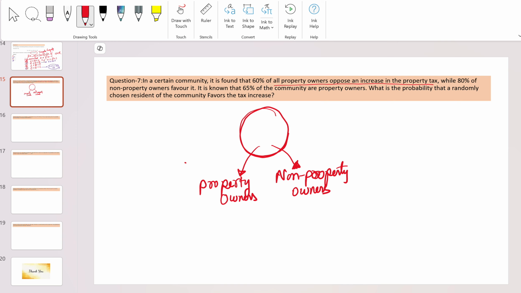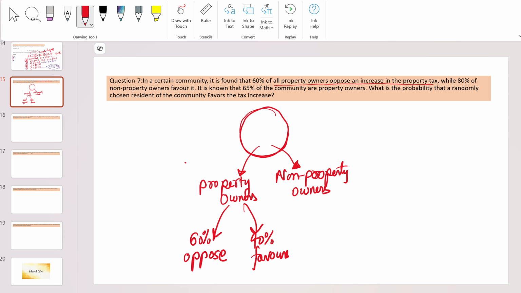Okay, so of the property owners, 60% oppose. Okay, so out of all the property owners, 60% is such that oppose, and 40% favor.